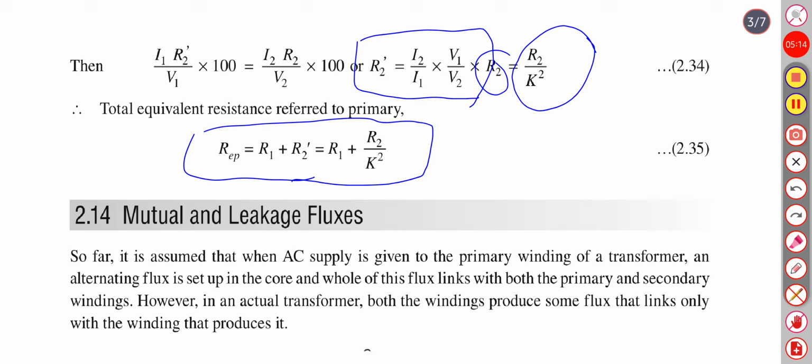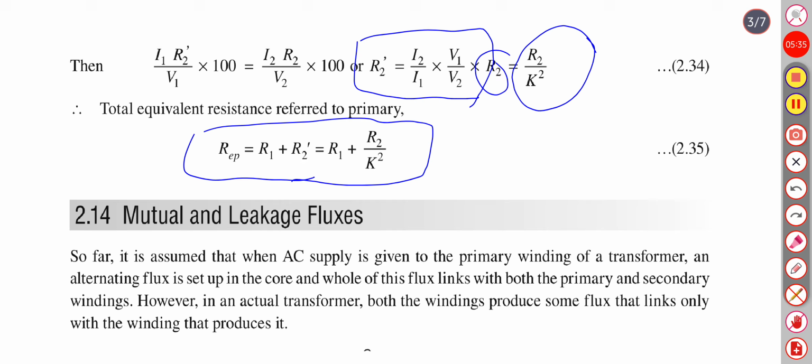Now let's see the mutual and leakage fluxes. So far, it is assumed that the AC supply is given to the primary winding of a transformer and alternating flux is set up in the core, and the whole of this flux links with both primary and secondary windings.